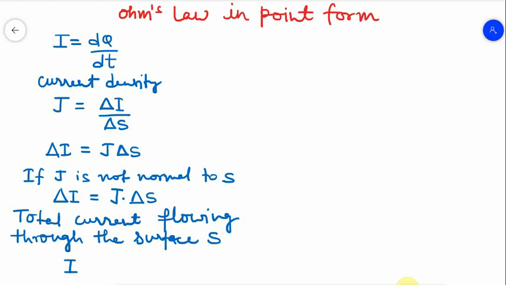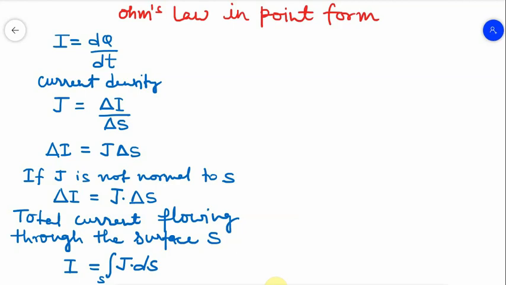So your I will be the surface integral of J dot del S, and here it will not be del, obviously, if we are integrating, so it will be J dot ds. Okay, so I equals the surface integral of the current density.